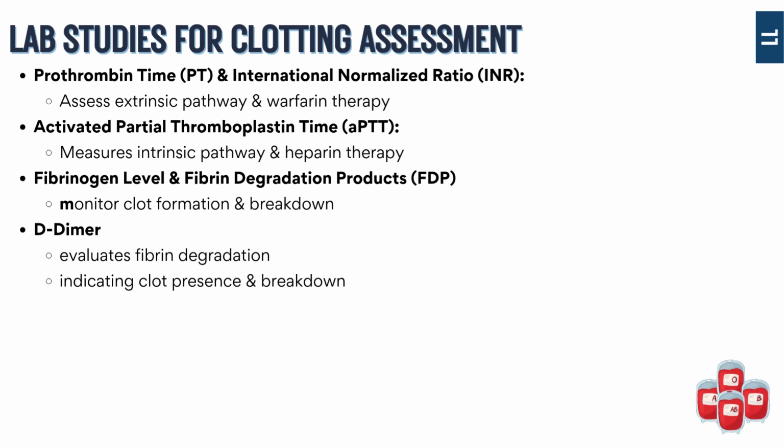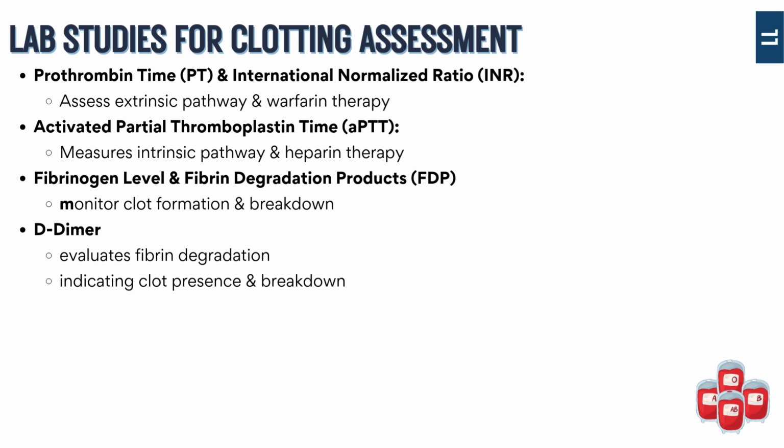So fibrin split products reflect clot breakdown, and those are elevated in conditions where clot lysis is ongoing. Lysis, remember, is to split, cut down, break down. So clot lysis means we're breaking down clots. Fibrin degradation products are in your body, and they're elevated because your body produced them to go break down clots.